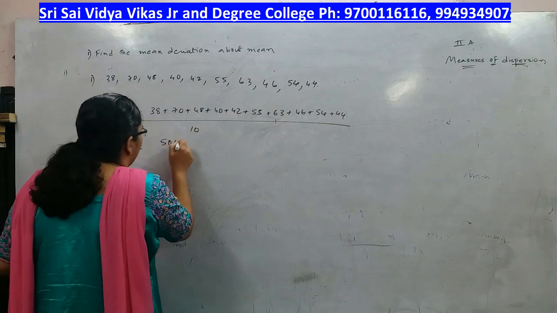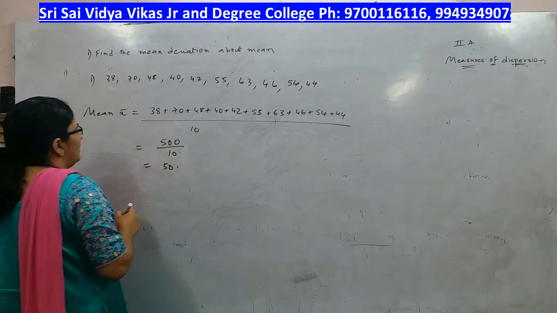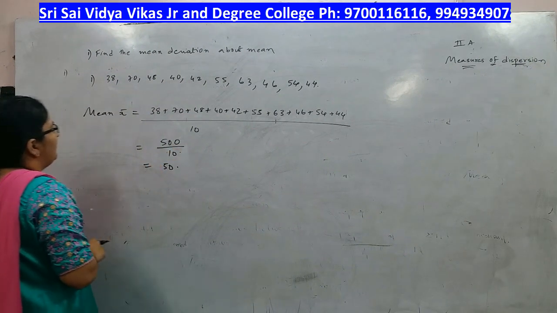This is 500 by 10, which is 50. So mean x bar you got it as 50.